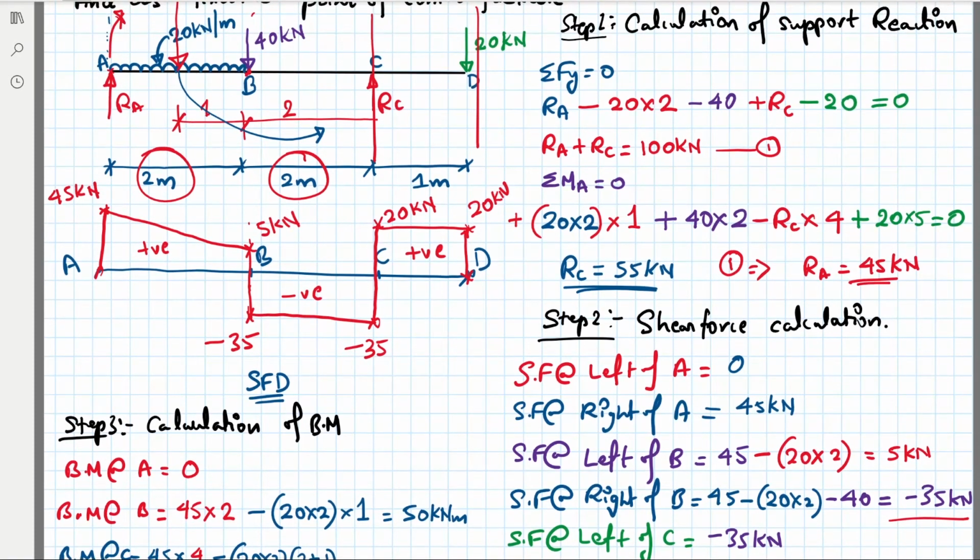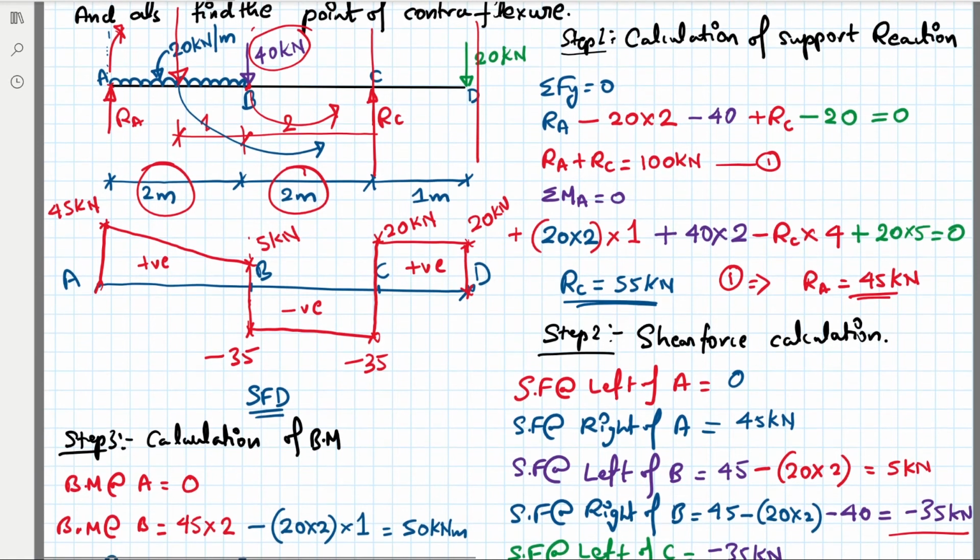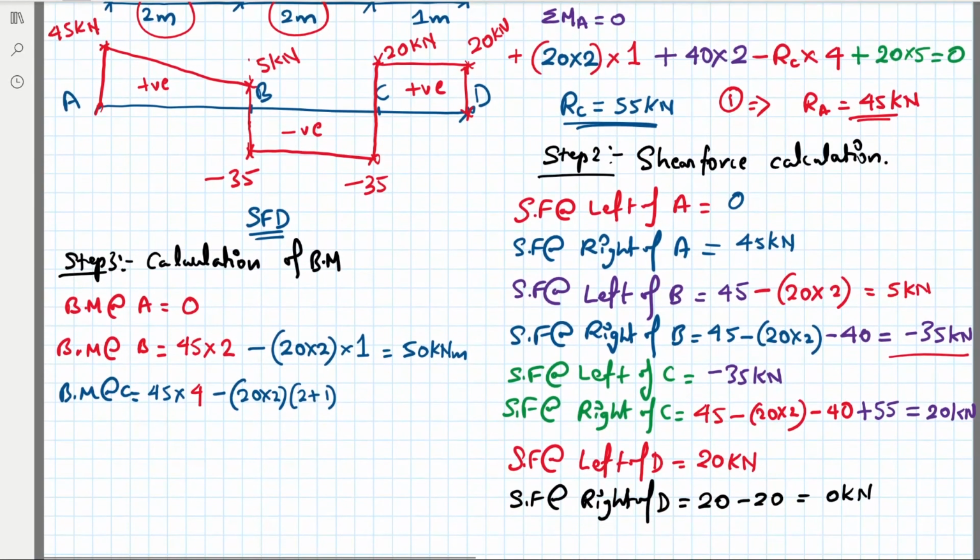Then we have 40 kilonewton. If I apply about C, it is going to rotate in anti-clockwise direction. The distance is 2 meter. Anti-clockwise means negative, 40 into 2. We will get minus 20 kilonewton meter.